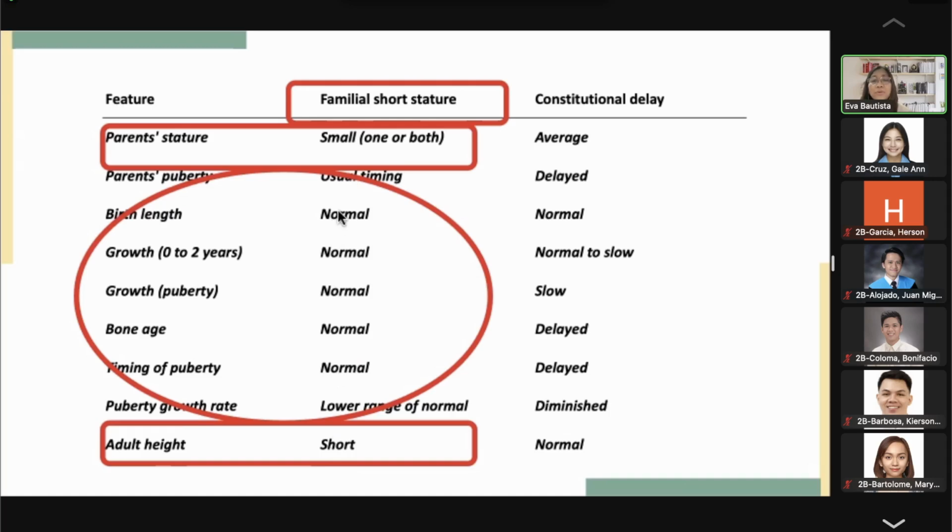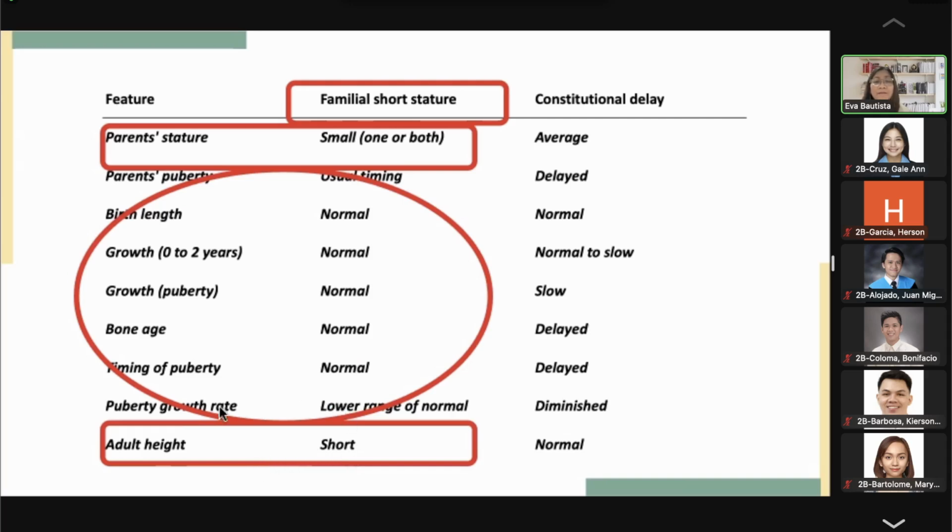This is what we usually observe. The birth length is normal, 50 centimeters. At 2 years old, 85 centimeters, normal. Puberty there, bone age is normal. Then there is a growth spurt at Tanner stage 4, and yet the final adult height is short.